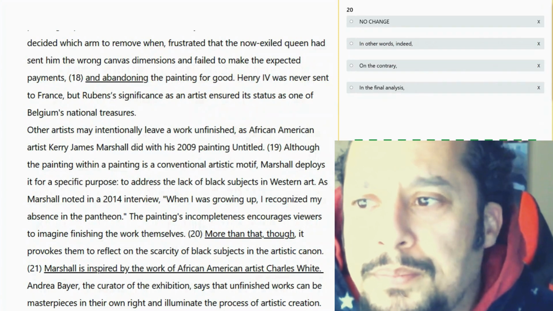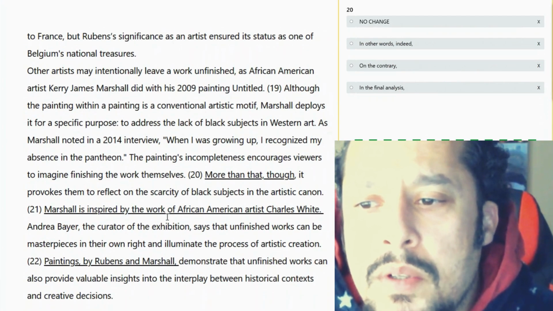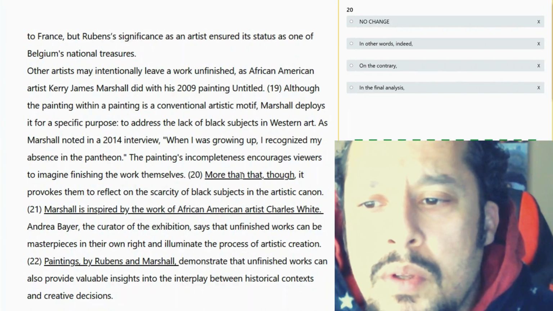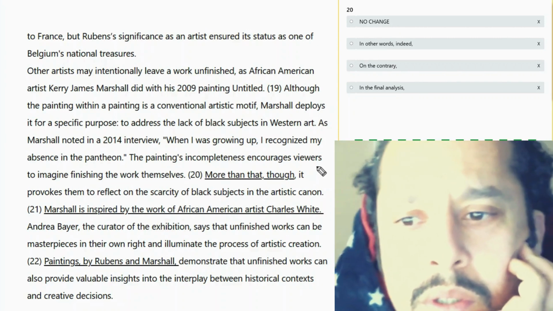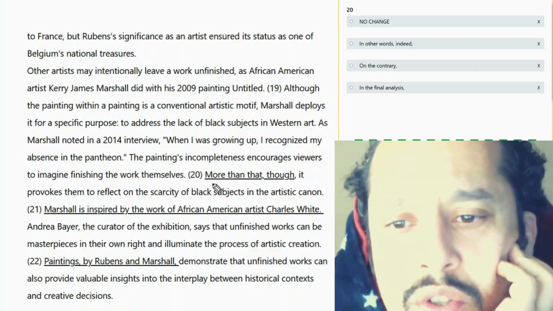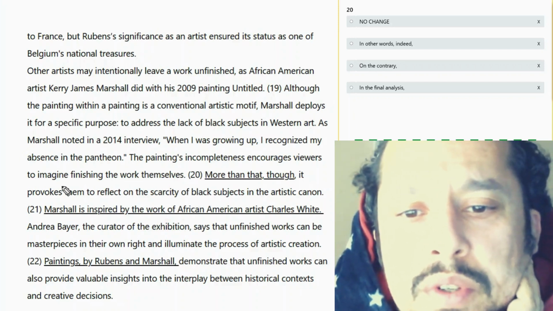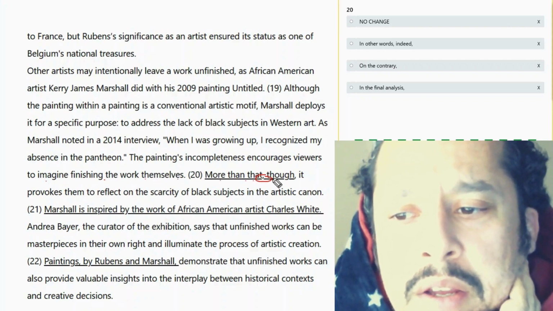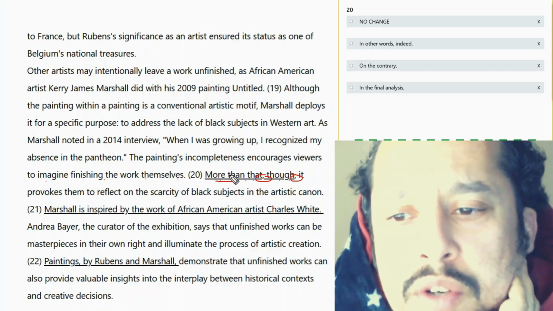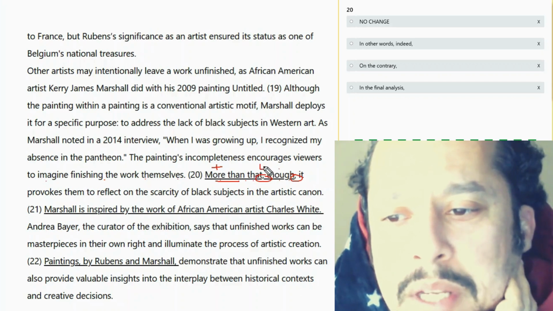Question number 20. Interesting question here. "The painting's incompleteness encourages viewers to imagine finishing the work themselves. More than that, though." So more than that is a transition that adds information, with though here, when you attach it, it contrasts or limits the previous information.